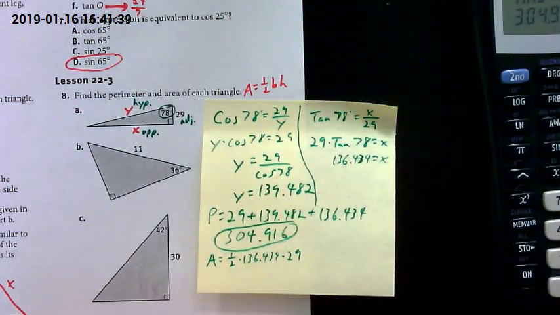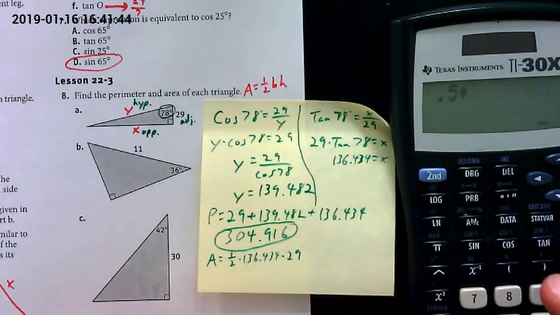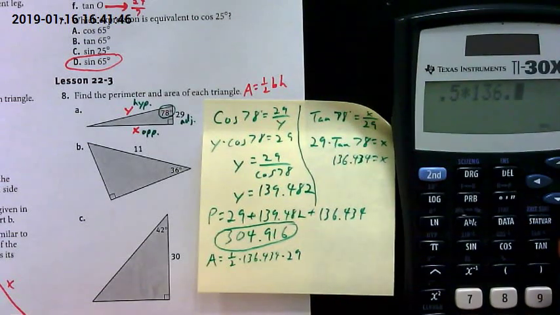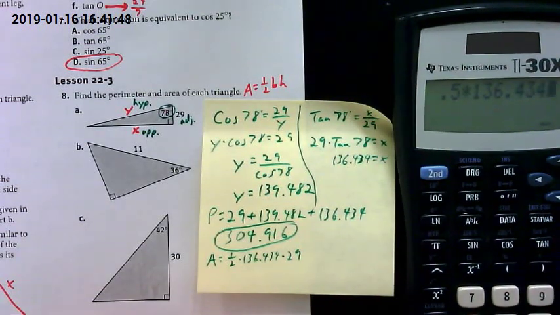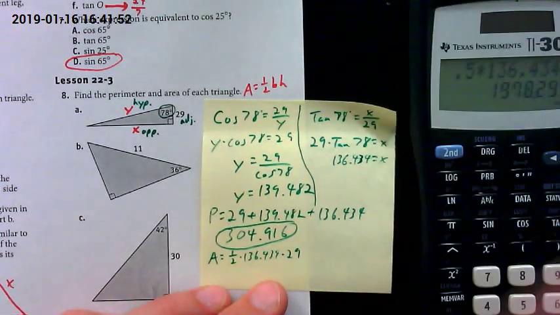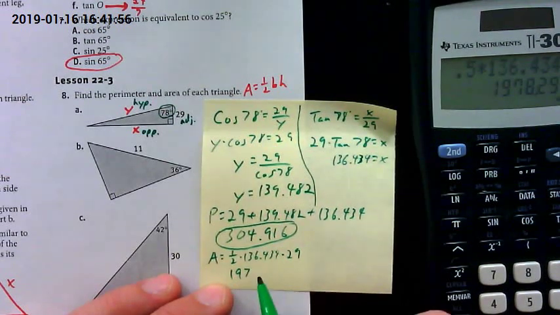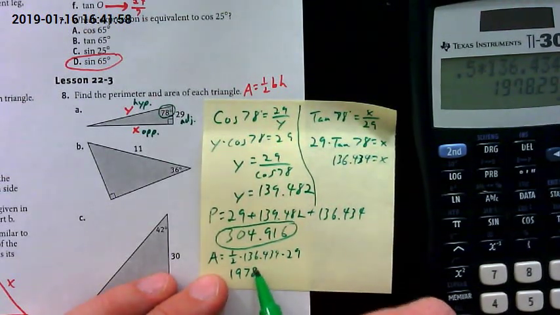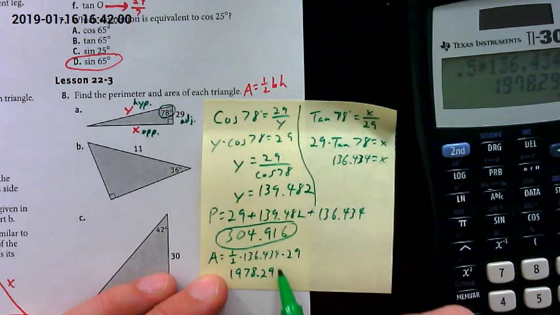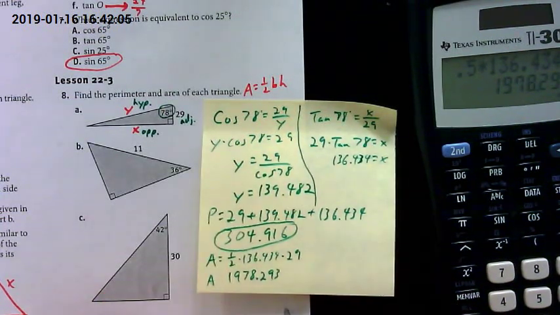So I'm going to do 1/2 times 136.434 times 29, which is 1,978.293.